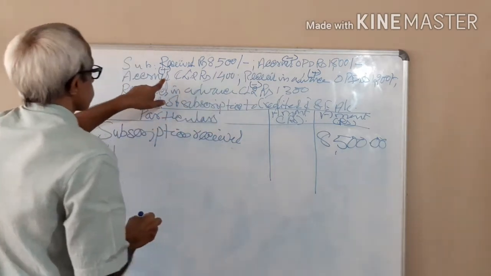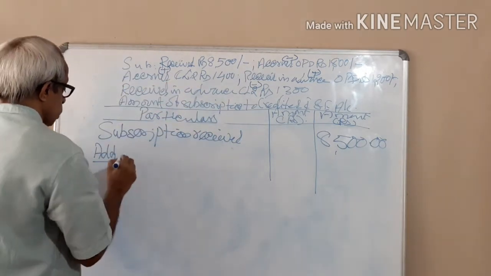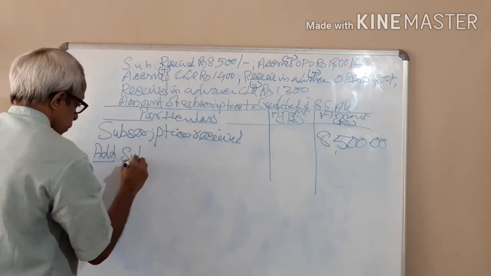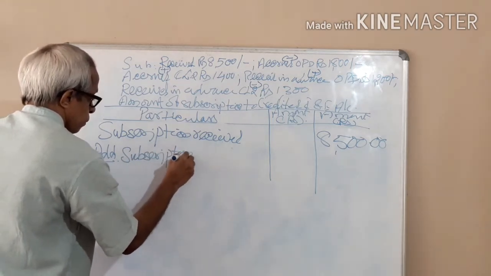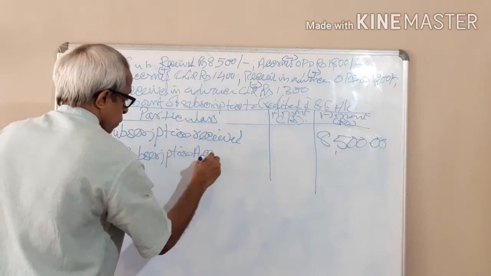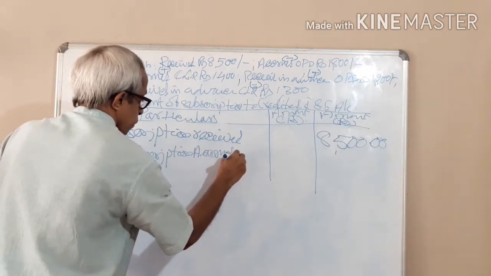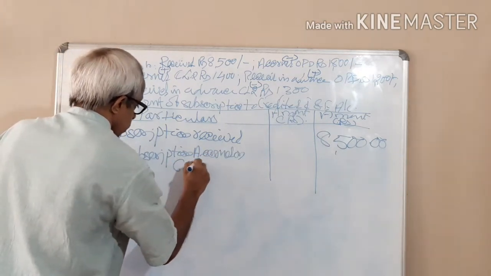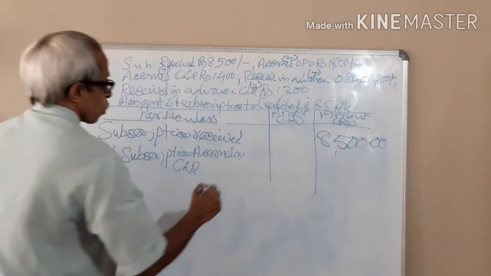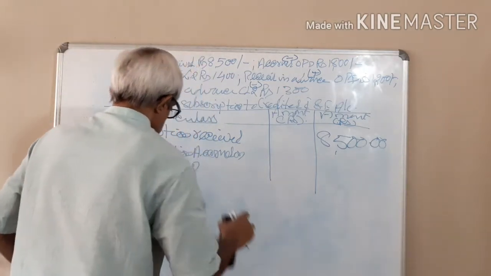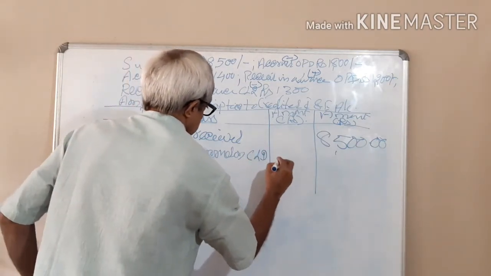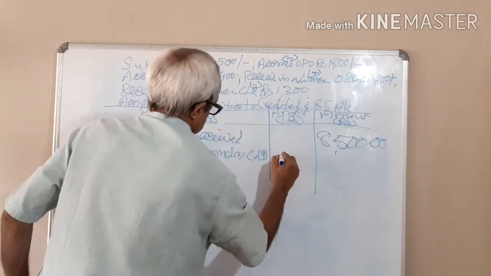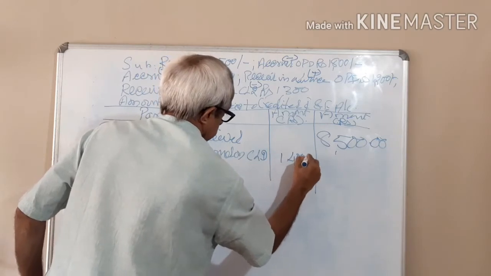First one is subscription accrued on closing date. That is 1,400.